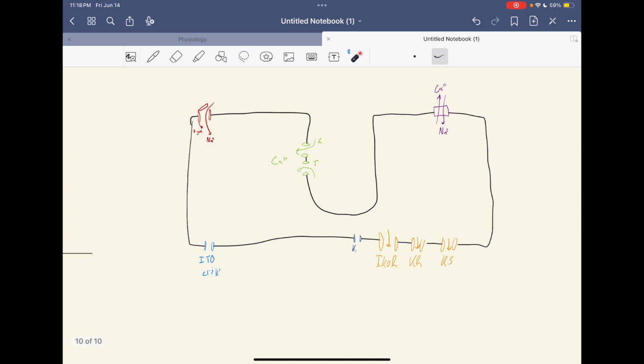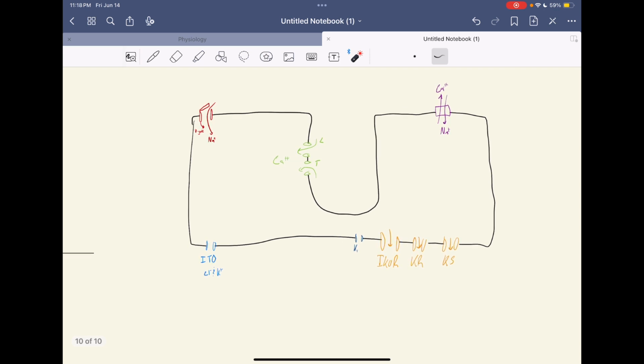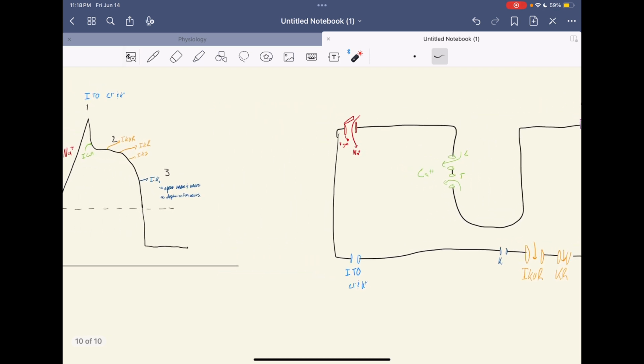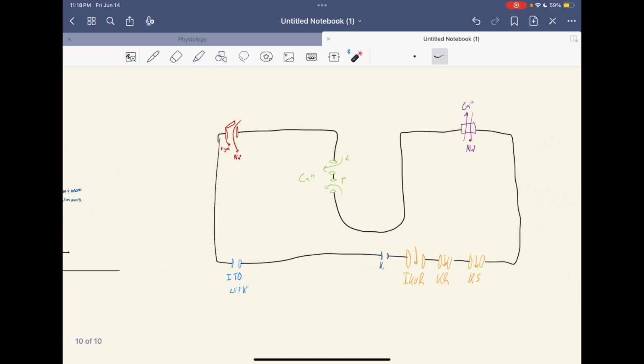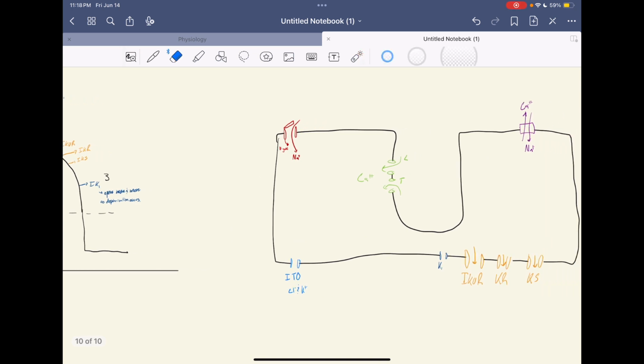At this point, we're reaching the end of this cascade, the plateau, where it's starting to fall back towards its resting membrane potential. That is when the slow potassium channels are starting to close up.